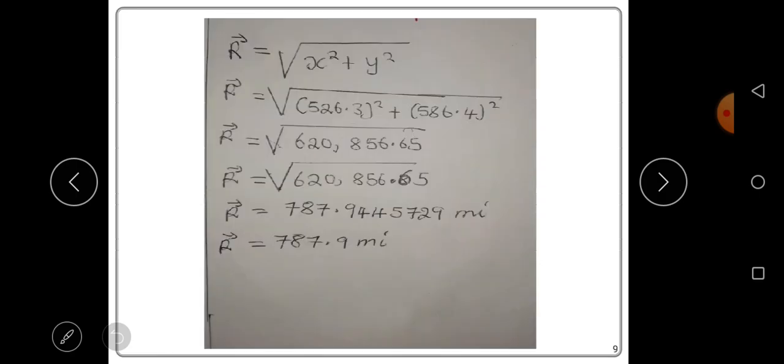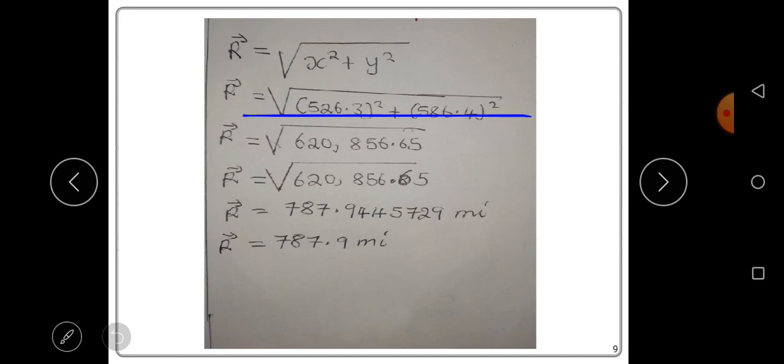So let's now find the magnitude. To find the magnitude of this resultant vector, we'll use this equation, which is equal to the square root of x squared plus y squared. So where there's x, we replace with 526.3 and square it, then plus, where there's y, we replace with 586.4 and square it.